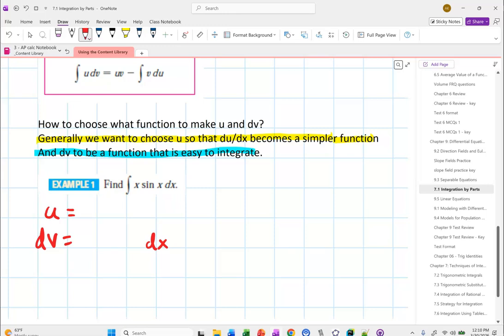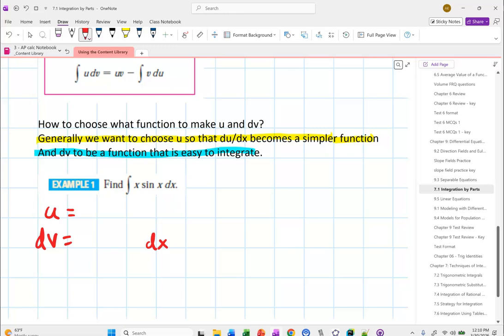Now, it should be pretty clear here that you wouldn't want to leave x sine x as the u, because if you knew how to, anyway. So probably one part of the x sine x is going to be u, the other part is going to go into the dv. So in choosing u, we want to choose u so that its derivative becomes simpler.